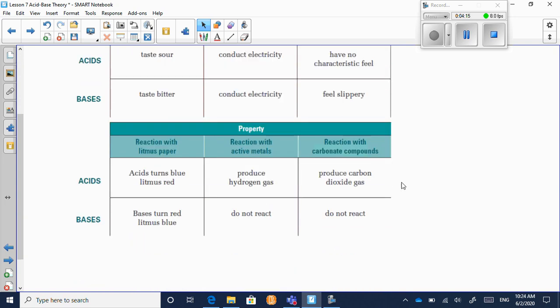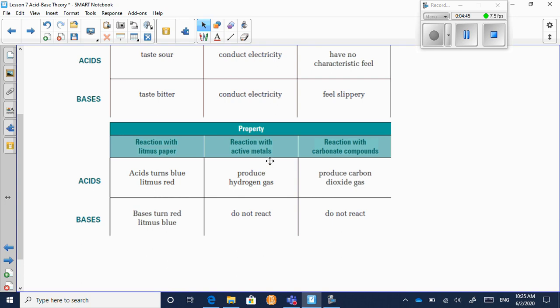Okay, a few more properties. We often use something called litmus paper to test for acids and bases. Acids turn all litmus paper red. You can have different colors of litmus paper, but regardless of the color, when you stick it into the acid and pull it out, it'll come out red, whereas bases turn all litmus paper blue. Okay.